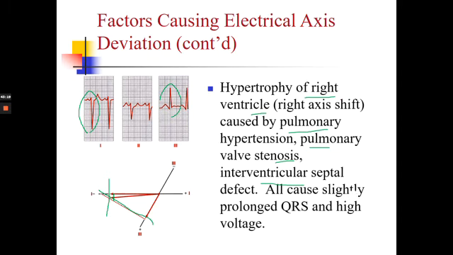If the right ventricle is dilated, you will get right axis deviation. All of these cause prolonged QRS and high voltage in the leads that denote the right side of the heart.